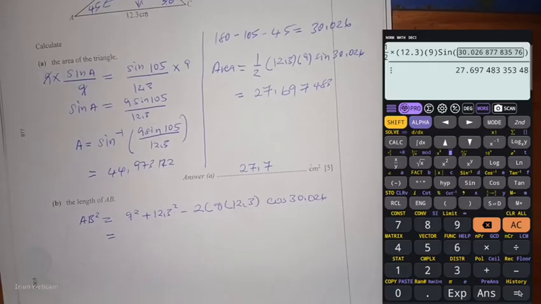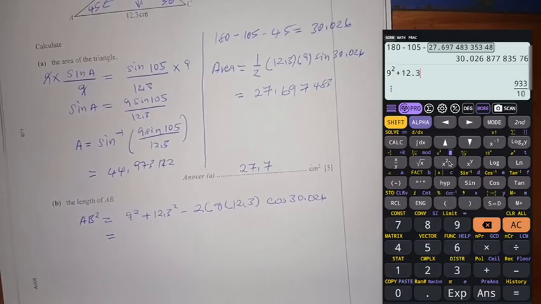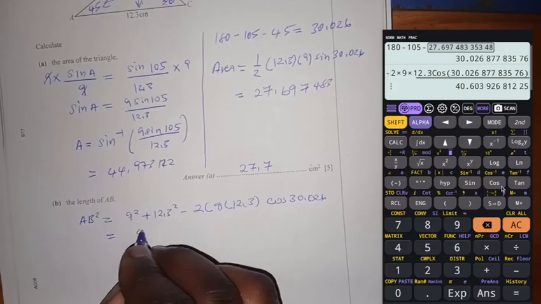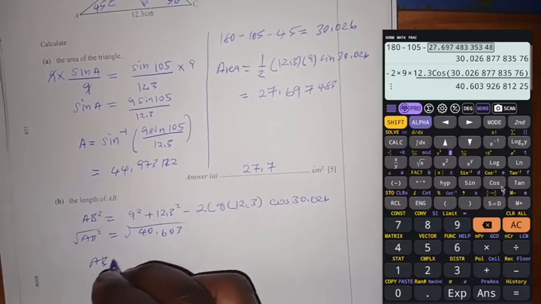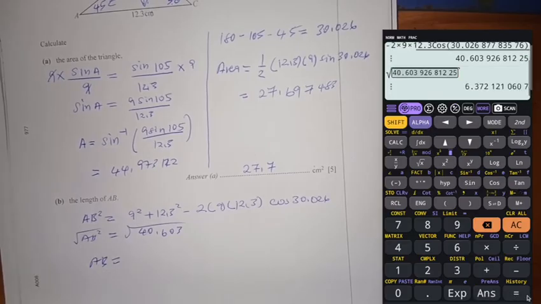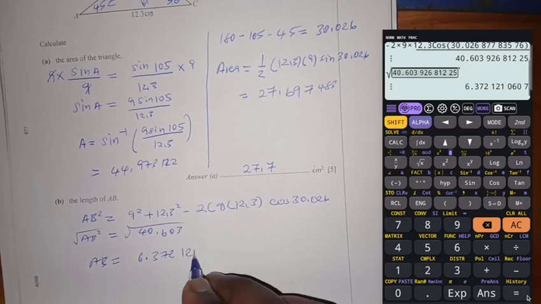So I'm having 9 squared plus 12.3 squared minus 2 times 9 times 12.3 cos 30.026. The answer is 40.603. Then square root, my AB is going to be equals to the square root, it's 6.37212106007.